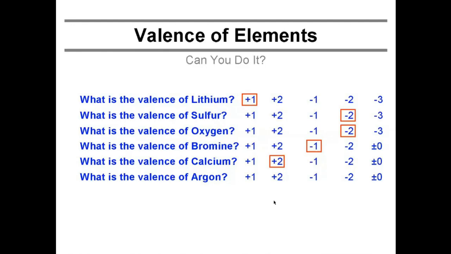Not really a trick question. As you notice, argon's energy level is full. It has no interest in gaining or losing anything more. It's already there, so it will not make an ion. This is why these noble elements, or noble gases, don't react with anything, because their valence is literally 0, not doing anything.